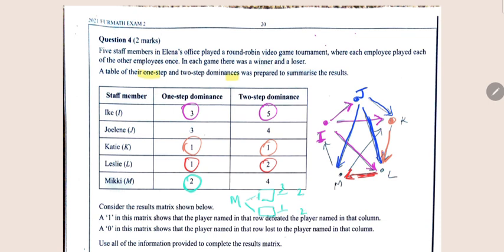Okay, no, it can't be a 2 and 2 because there is no 2 people who beat 2 other people. And so basically that leaves me with 3 and 1. Now the only people who beat 3 other people directly are Ike and Jolene. And from what we can see, Jolene has already beat Mickey. So that leaves you with Ike.